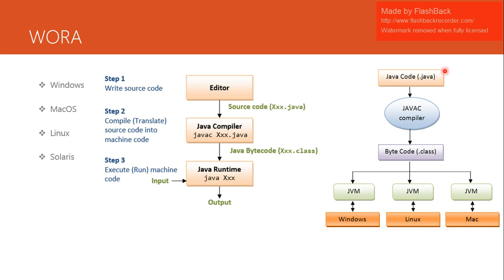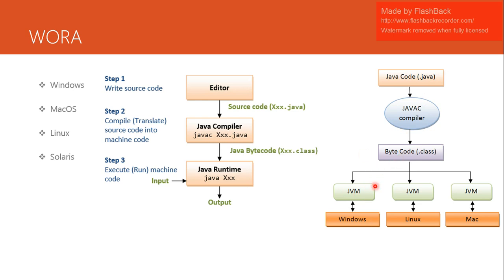Let's look at this slide again. More graphically, when you have your Java code, the Java compiler compiles it to bytecode. It is this bytecode that you deploy to another system. Let's say I wrote it on Solaris, and on my Solaris, the Java compiler turns it to a bytecode, and this bytecode can be deployed to a Windows operating system.